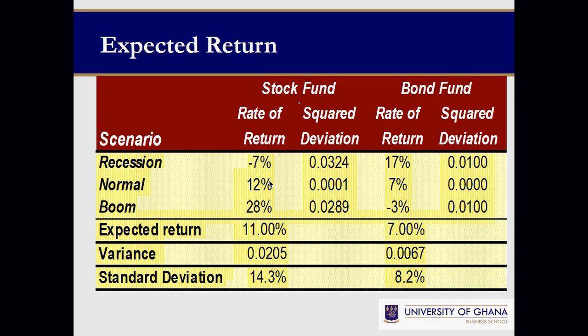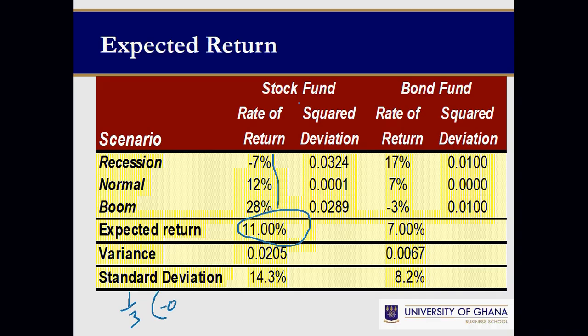The expected return is basically the probability times the rate of return. So if we want to get the expected return for the stock fund, the probability in the question was 1/3, so 1/3 is going to multiply all of this with the rate of return.